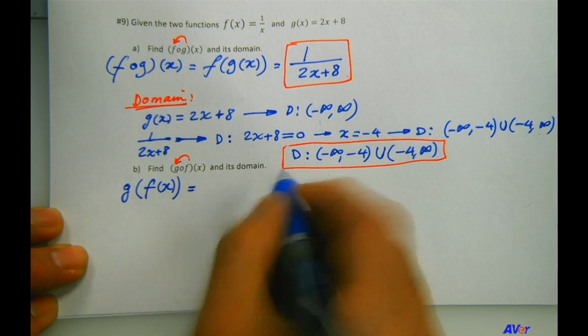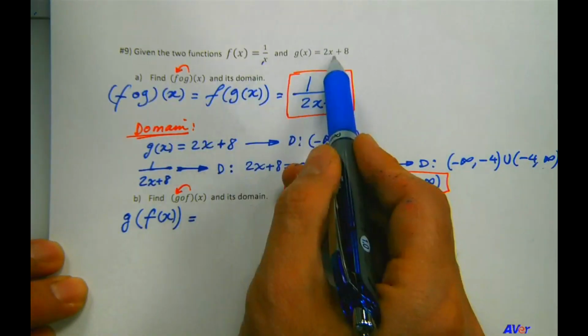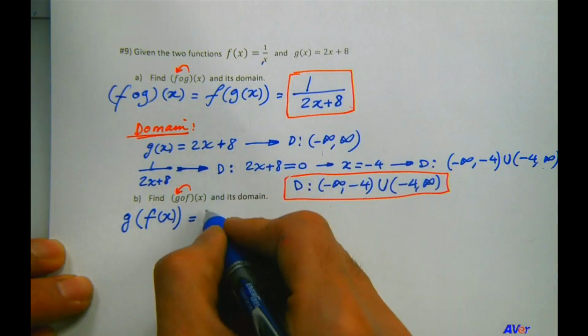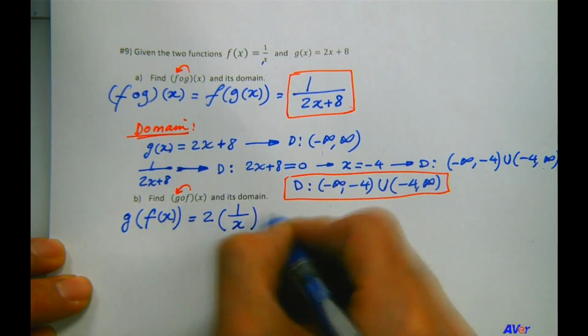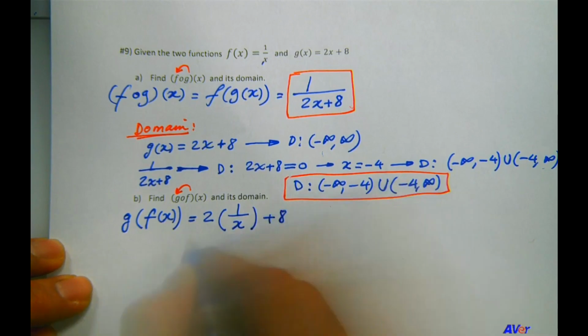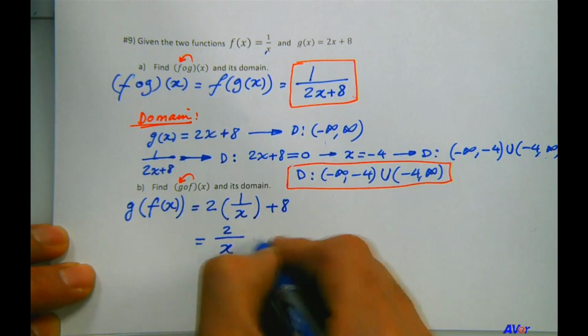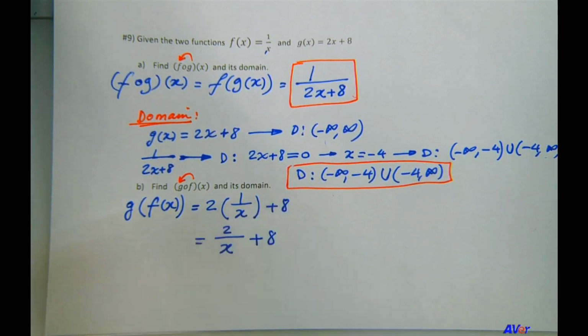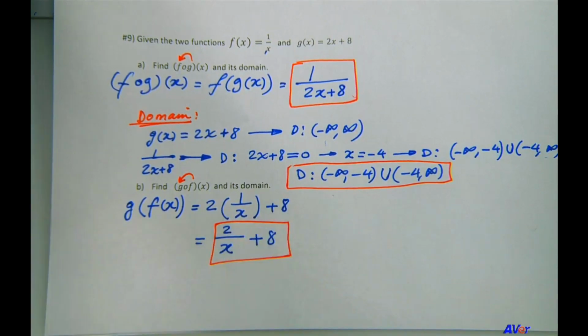It is equal to f going inside g. So we have 2 times 1 over x plus 8, and so we end up with 2 over x plus 8. So this is our composite function. Okay, that's the final result.